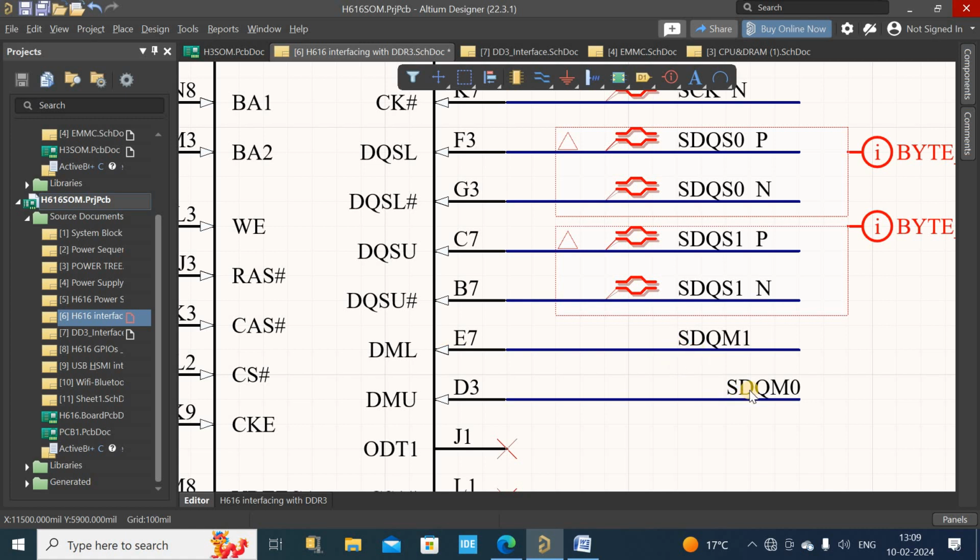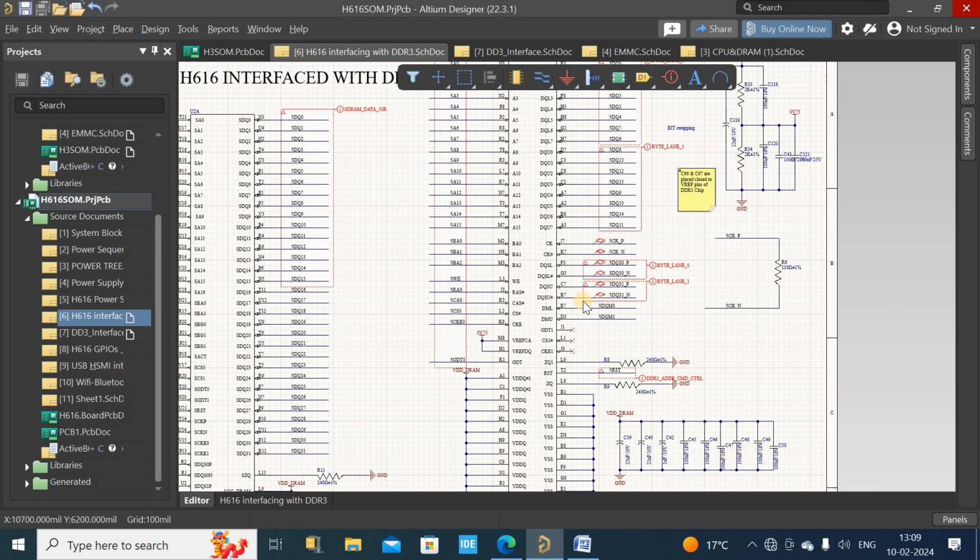But I'm not swapping the bytes, so I'm not going to swap this. It will remain as it is. So that is how we can swap the bytes and bits.